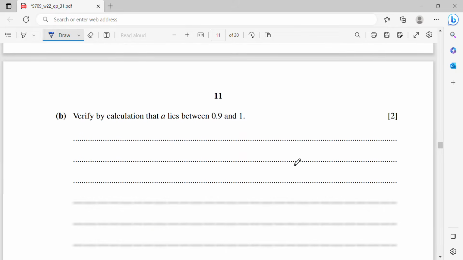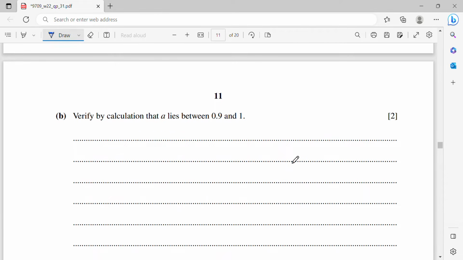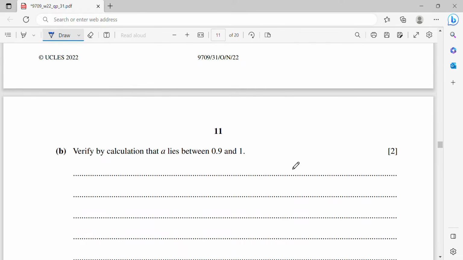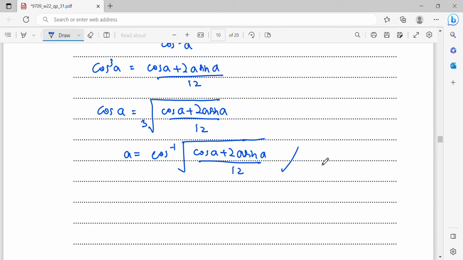Part B, verify by calculation that a lies between 0.9 and 1. To do this verification, we need to get the function f(a). Where to get f(a)? Very simple, just make sure the right hand side is 0 by moving the inverse cos to the left hand side.